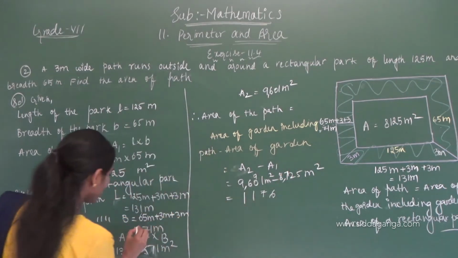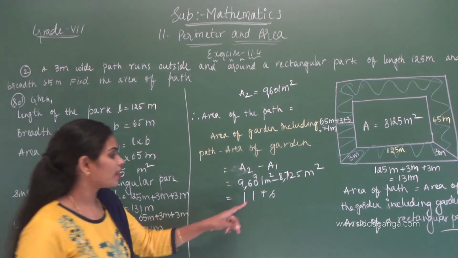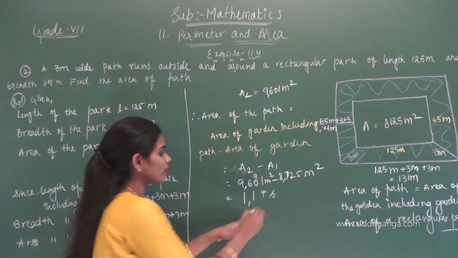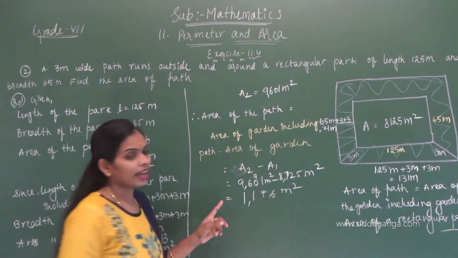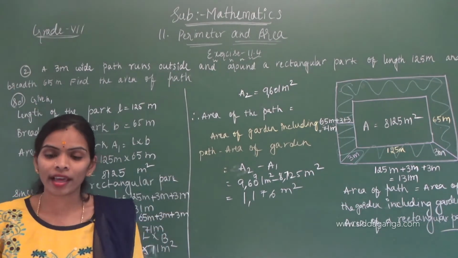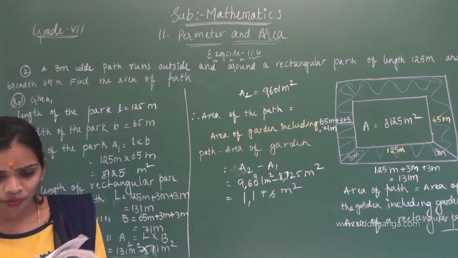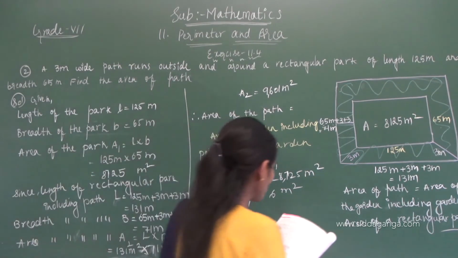Here, children, 7 will come, and here we will get the answer like this, in meter square. Correct. The area of the remaining path is 1176 meter square. Now go to the next problem, children.